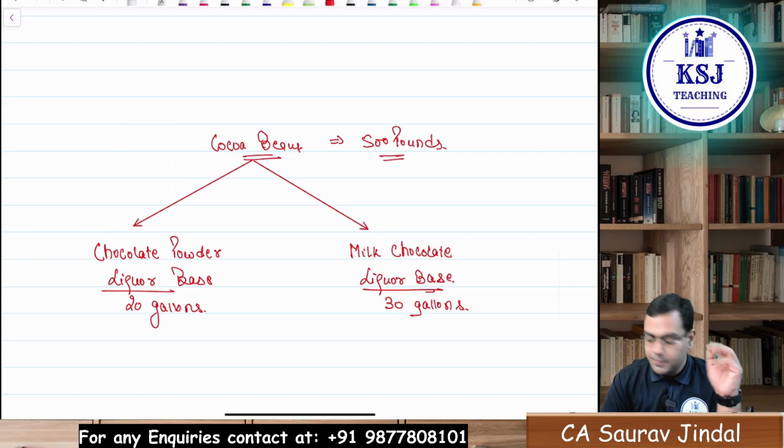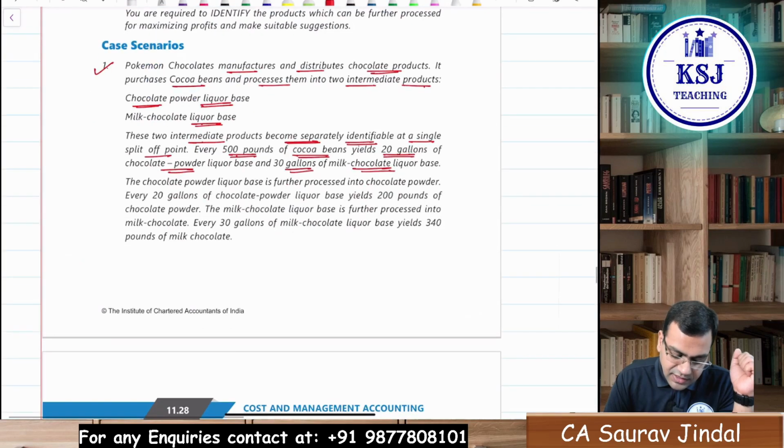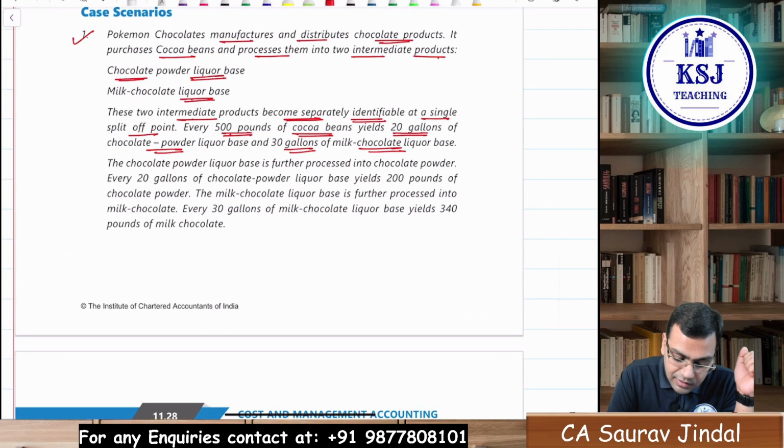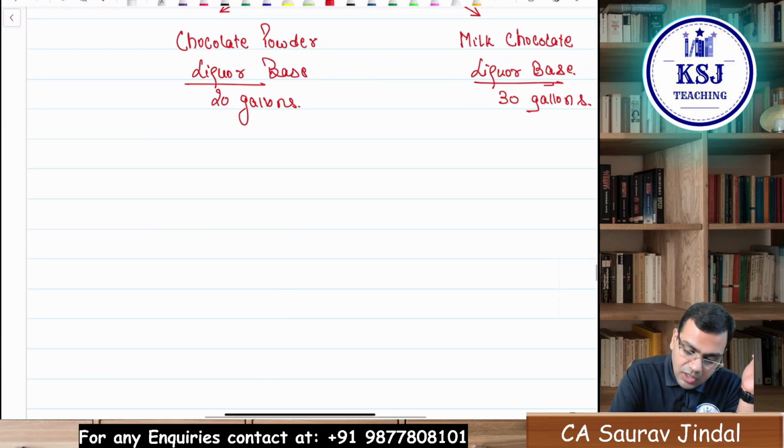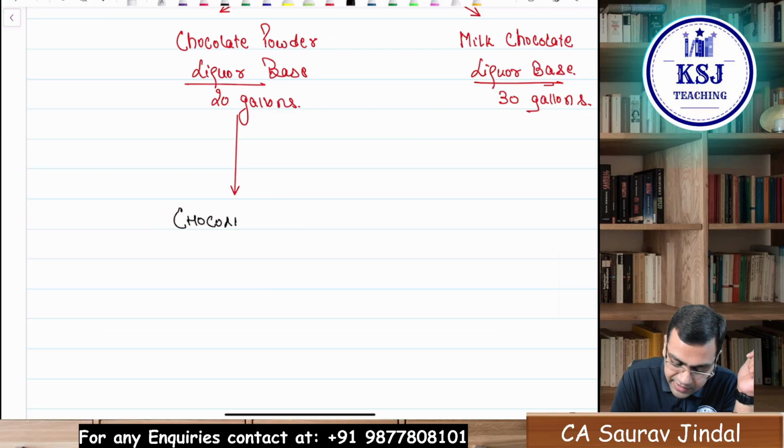Clear with this? Okay, next they say the chocolate powder liquor base is further processed into chocolate powder. After further processing, we get only chocolate powder.